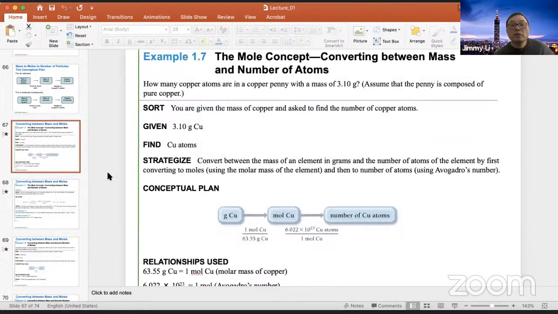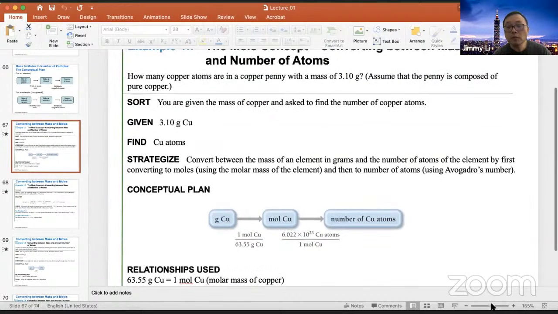All right, let's see about this. How many copper atoms are there if you have 3.10 grams of copper? We are converting from grams of copper to the number of copper atoms. So we need to convert to moles of copper first, then convert from moles to the number of copper atoms.